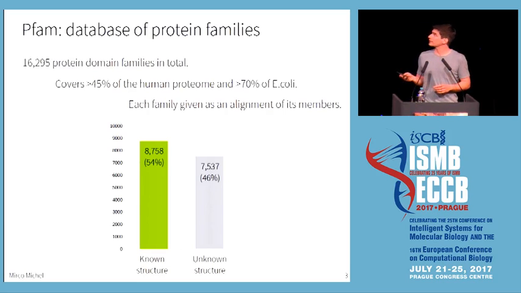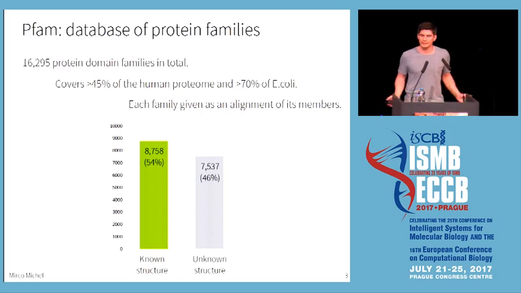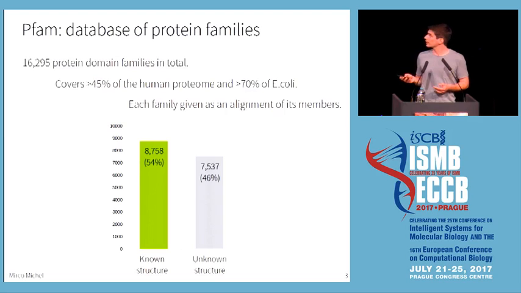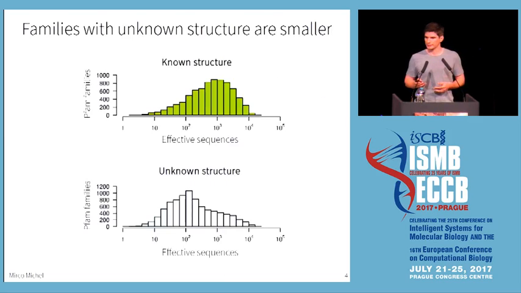Each of these families is given as an alignment of its members' sequences. And when you take this alignment and search in PDB, you get a hit for a bit more than half of these families, which means that for a bit less than half of them, you don't find anything in PDB. So this is where we want to apply our method and see how many of those we can predict.